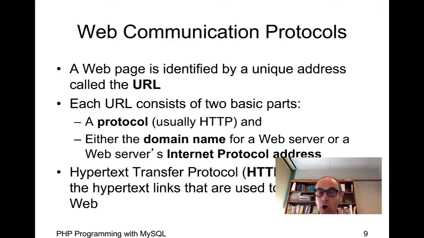What is a protocol? It is usually HTTP, a protocol that allowed us to have a connection to another document somewhere on the web. And each URL consists of two types, the protocol and the domain name that allowed us to reach out to this specific website or file.